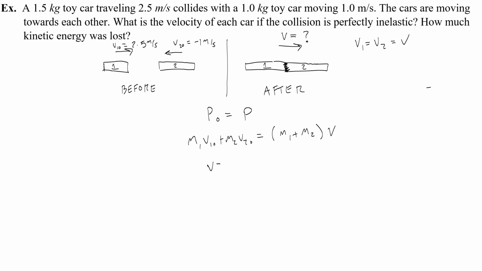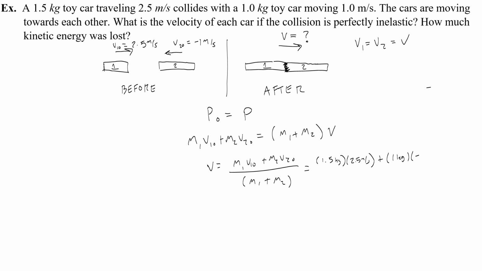Solving for v just means that you take the initial momentum and divide by the total mass, which in this case is going to give you 1.5 kilograms times 2.5 meters per second plus 1 kilogram.